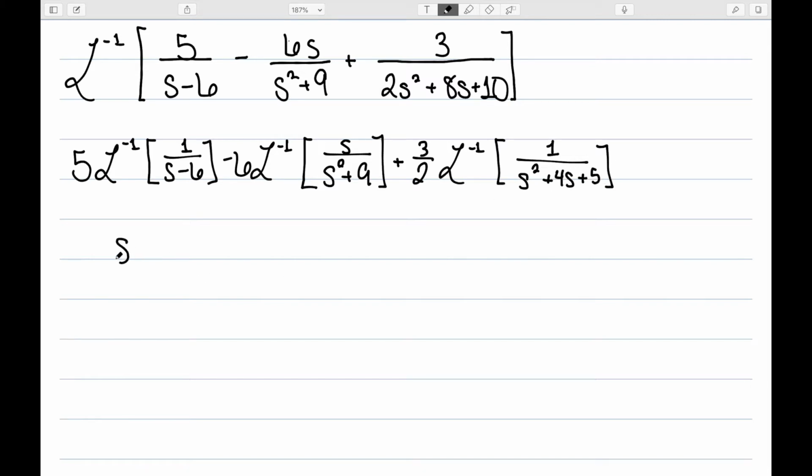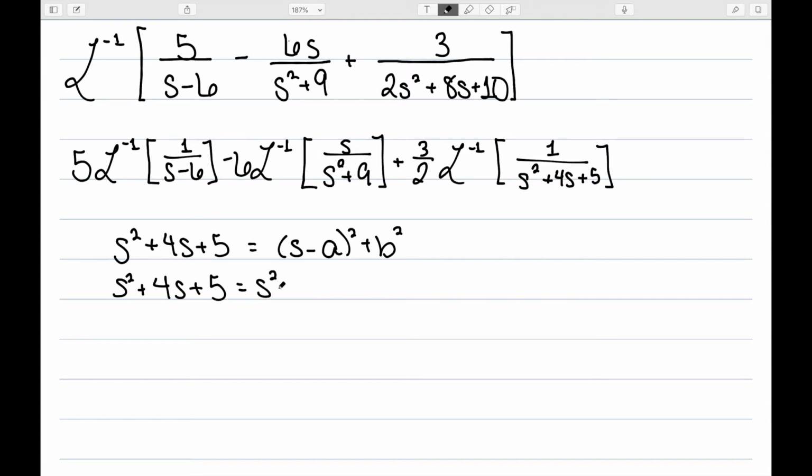So let's start by considering this denominator, s squared plus 4s plus 5. We're going to have to rewrite this. We want it of the form s minus a squared plus b squared. That tells us s squared plus 4s plus 5 is equal to s squared minus 2as plus a squared plus b squared. We then have that 4s should be equal to minus 2as, so we have 4 equal to minus 2a, or a is equal to negative 2.